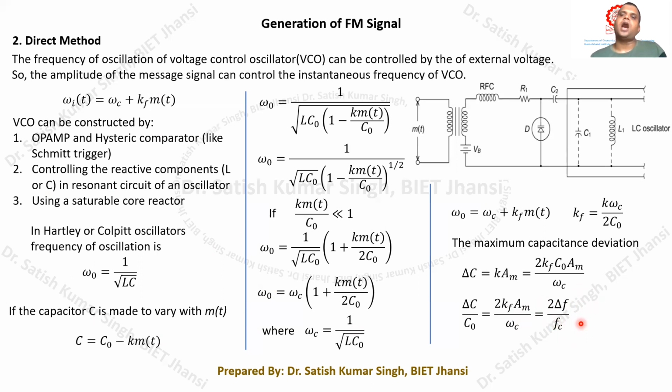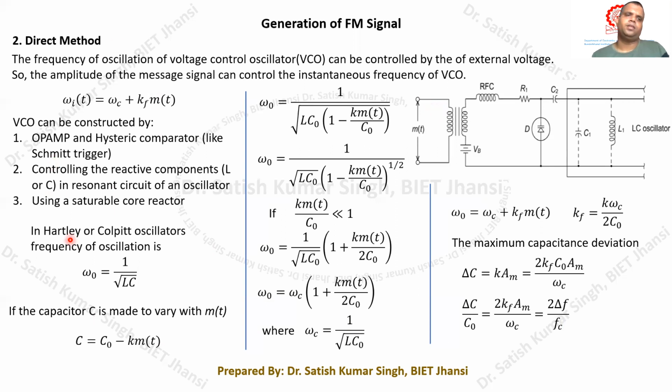So this is how the FM signal can be generated using the direct method. Basically, we need a voltage controlled oscillator in which we give the message signal as the external voltage. Then we get a voltage dependent capacitance, and therefore the overall frequency depends on the magnitude of the voltage.